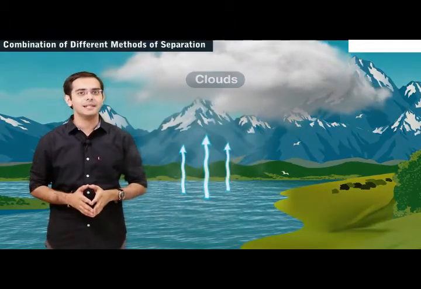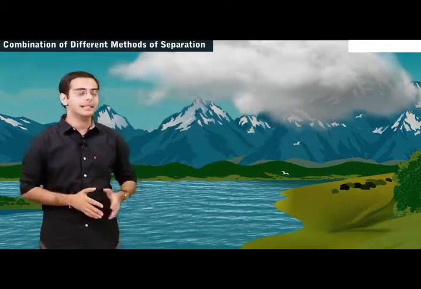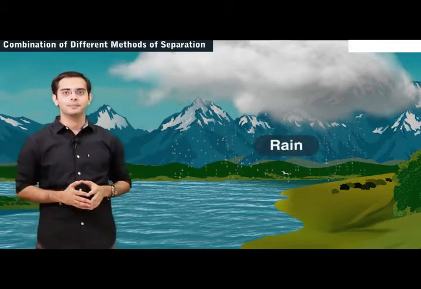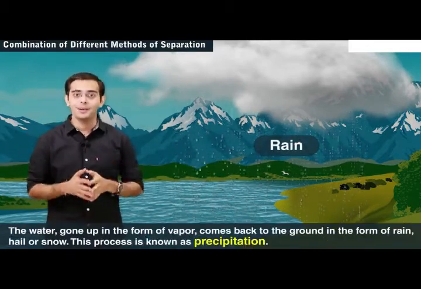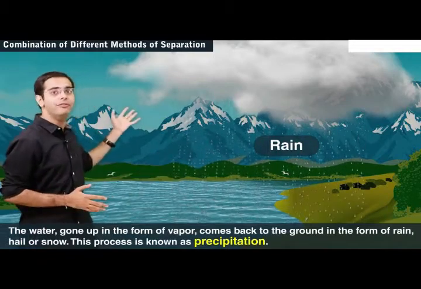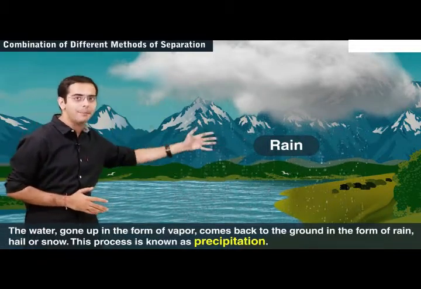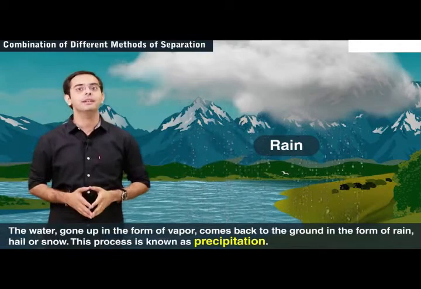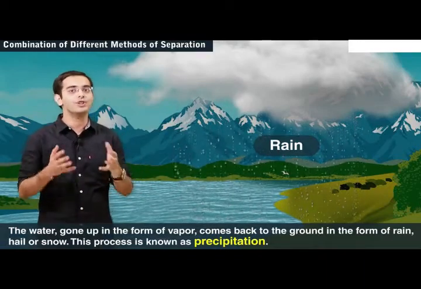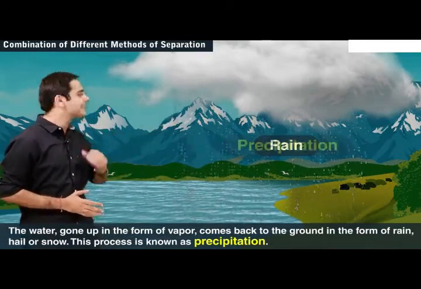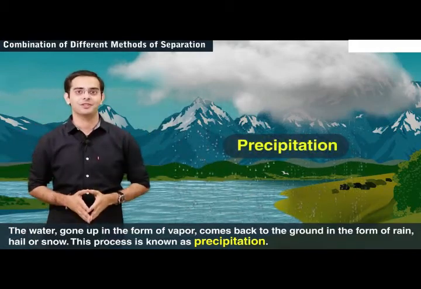Soon these water droplets become so heavy that they begin to fall down. Thus the water which had gone up in the form of vapor now comes back to the ground in the form of rain, hail or snow, and this process is known as precipitation.